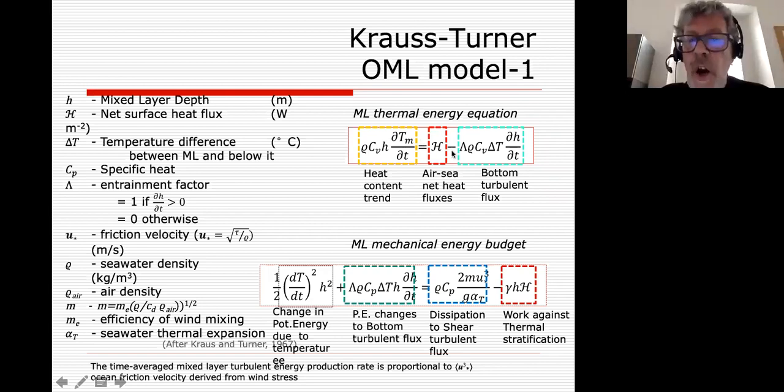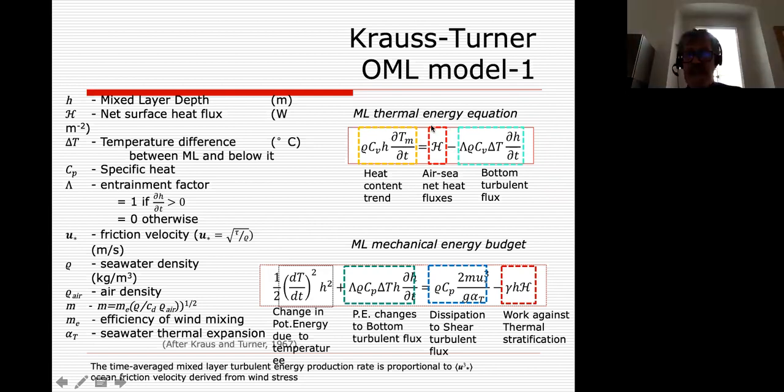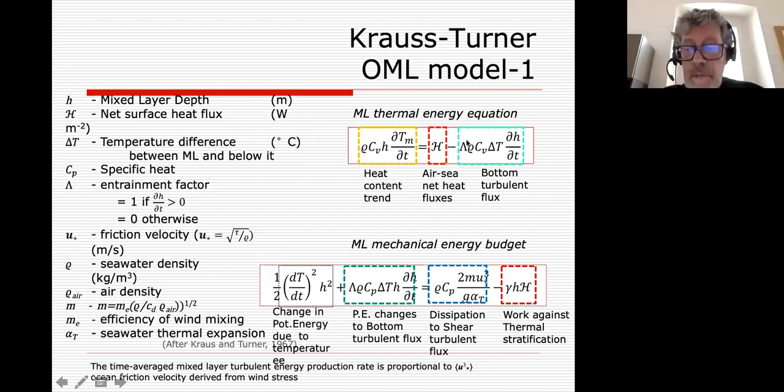But this is not the only process. This is a process at the surface, but we have another process here, which is connected to the bottom turbulent flux, the entrainment.